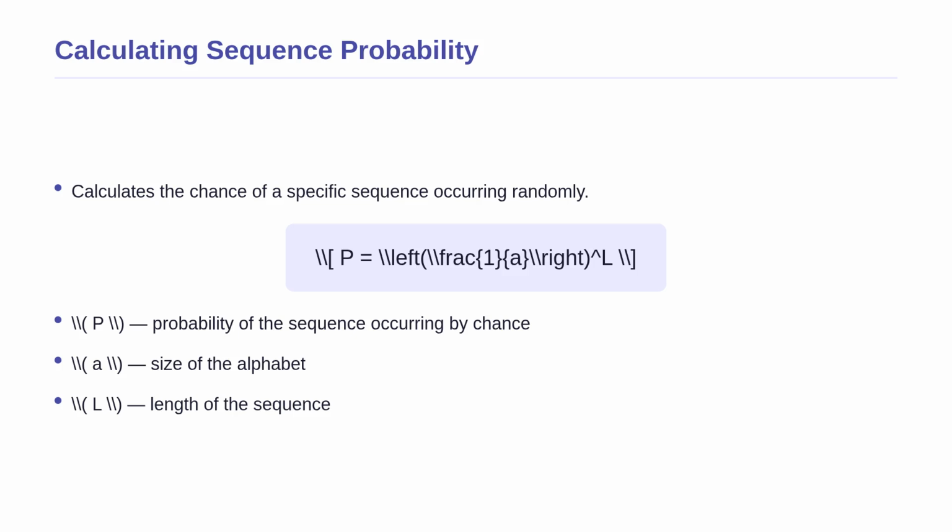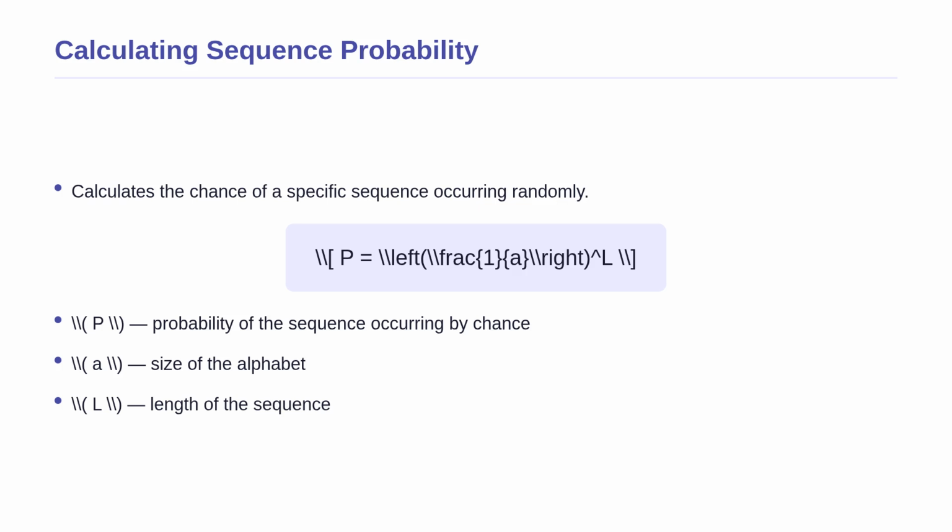This brings us to the mathematical formula for sequence probability. Conceptually, this formula derives from multiplying the independent probabilities of getting a specific letter at each position in the chain. The formula is P equals 1 over A, all raised to the power of L. Here, P represents the probability of a specific sequence occurring purely by random chance.